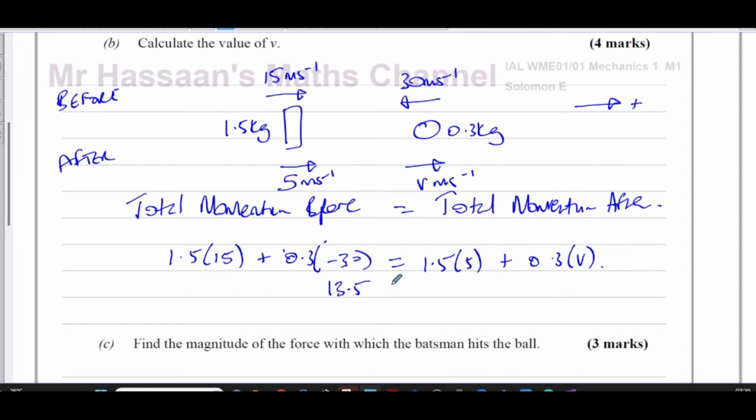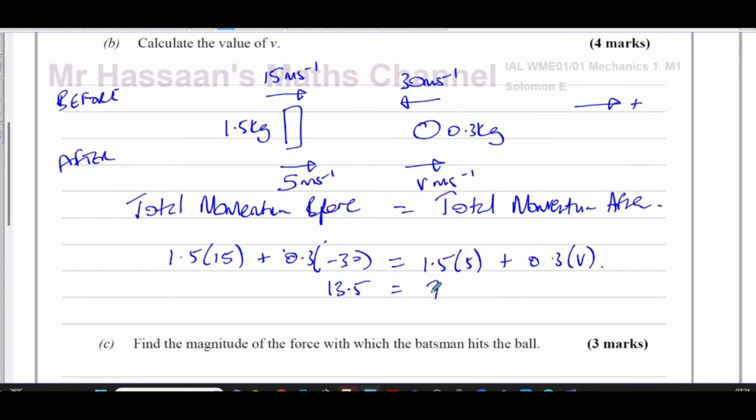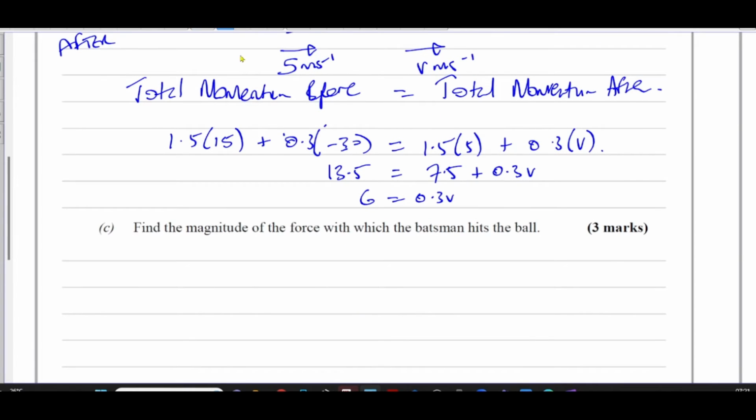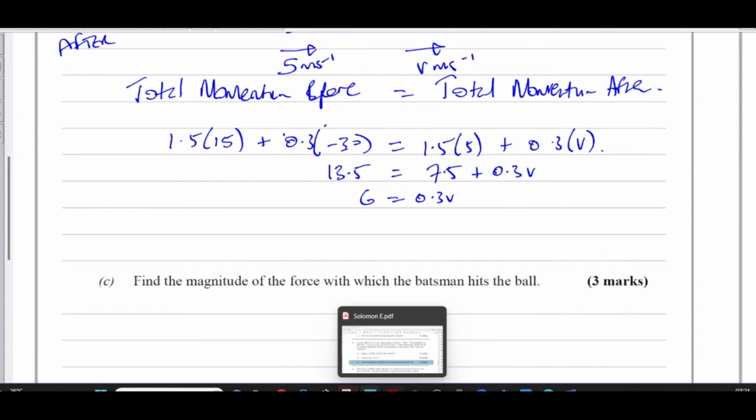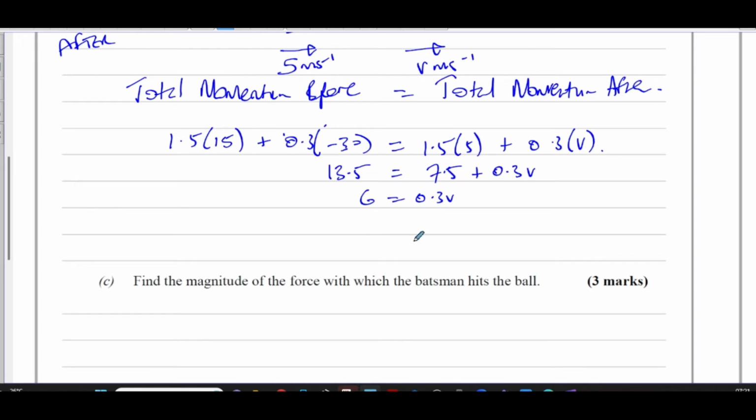So 13.5 equals 1.5 times 5, which gives us 7.5, plus 0.3 times V. So 13.5 minus 7.5, that's 6, equals 0.3 V. Therefore V is equal to 6 divided by 0.3, which gives us 20. So V is equal to 20 meters per second.